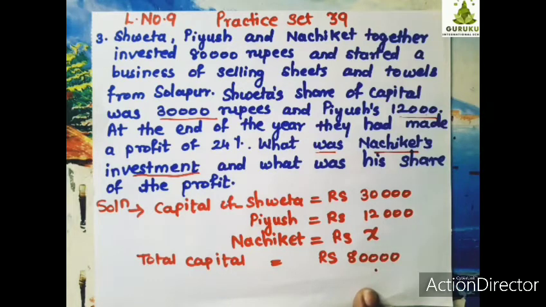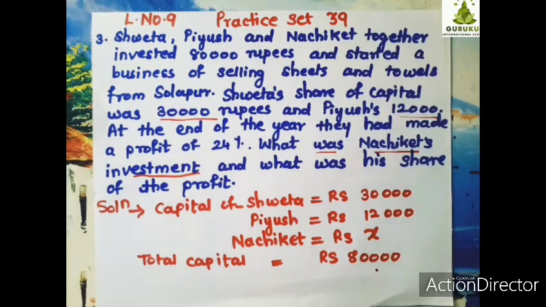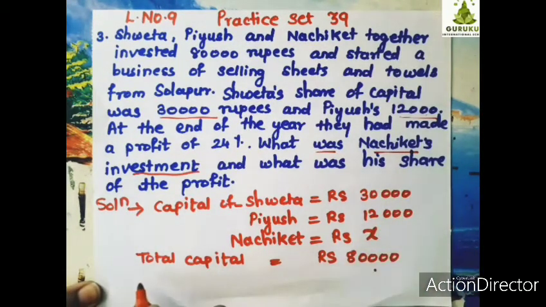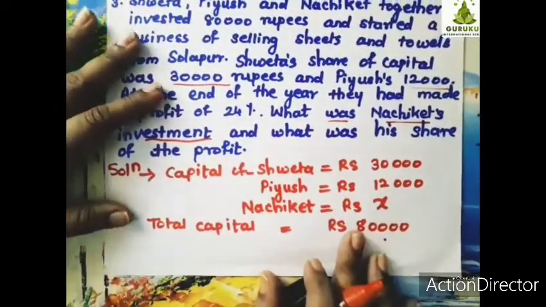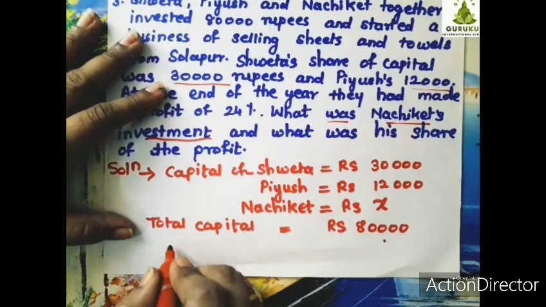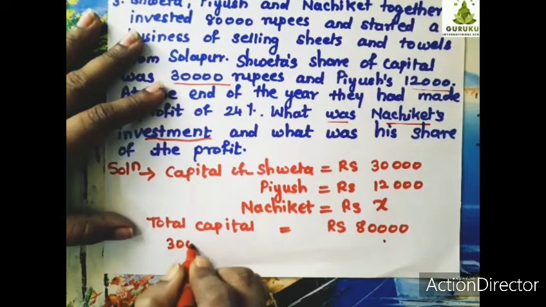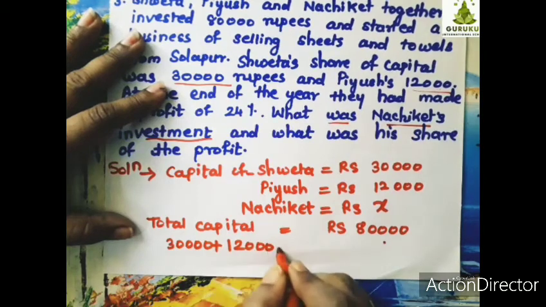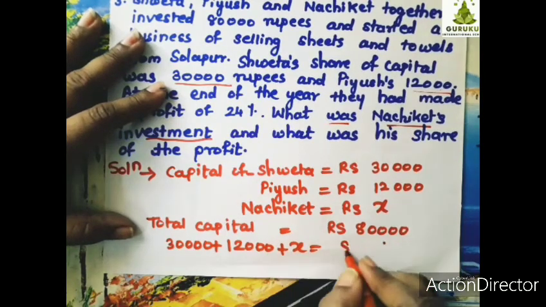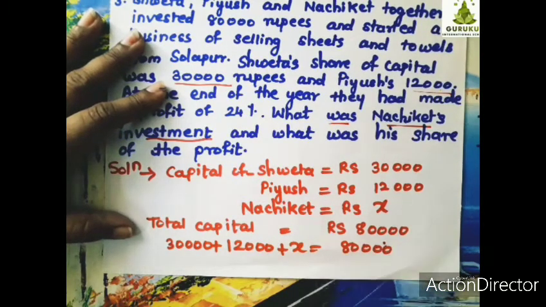So we'll write down 30,000. I will shift it up so that you can see it properly. And again I will add one more sheet over here. 30,000 plus 12,000 plus X is equal to 80,000. What we have to find out?